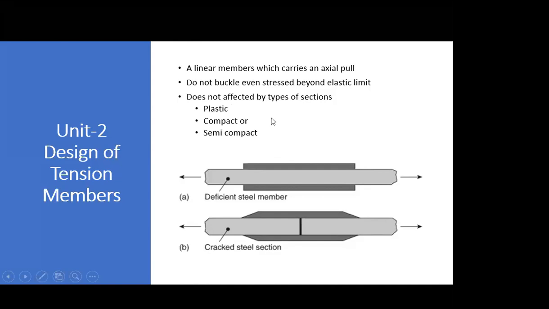These are the main points considered before designing the tension members. This is the tension member we are pulling axially. This is the cracked steel section. This is not cracked, it is the linear section. It doesn't have any deformation.